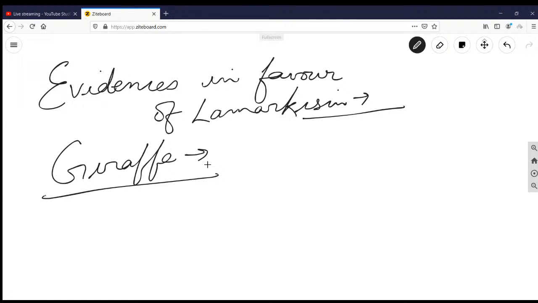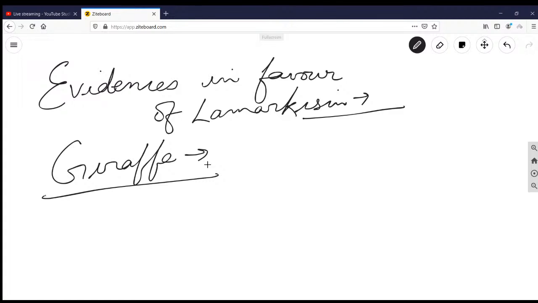So the development of the present day long-necked and long-limbed giraffe from a deer-like ancestor, because the ancestor didn't possess that extremely lengthened neck. It didn't possess the long forelimbs.